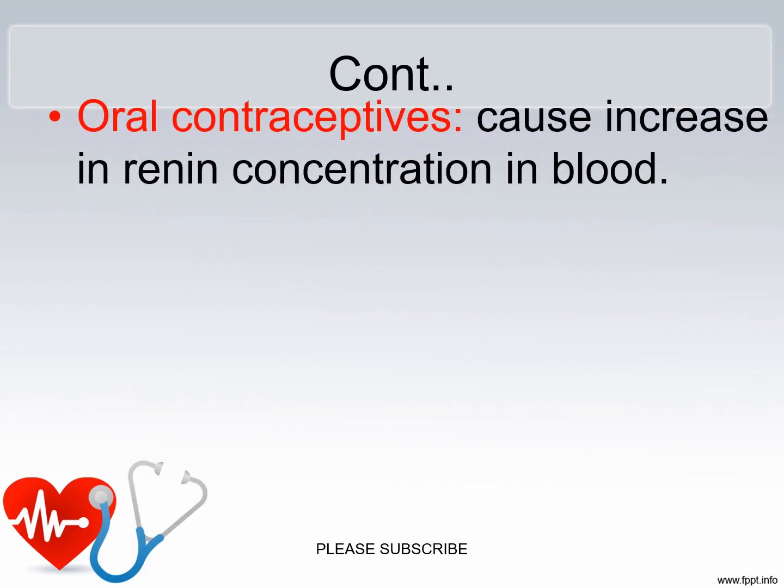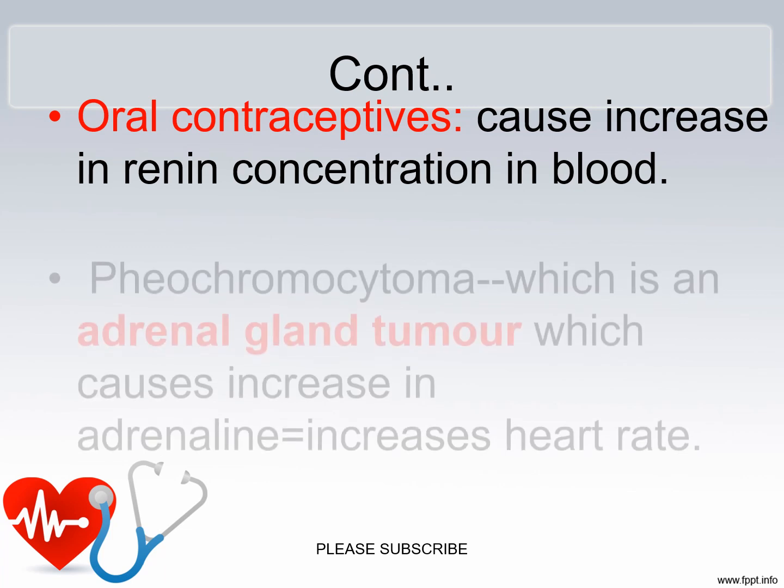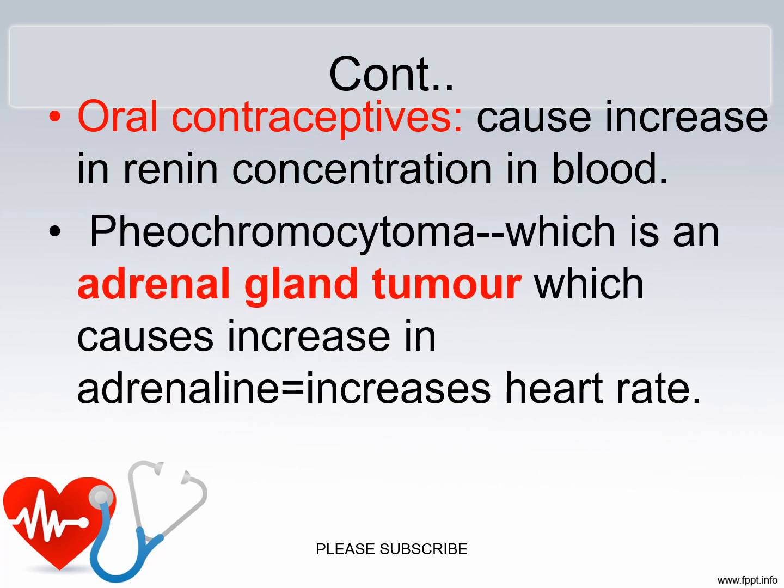Other causes and predisposing factors, we have oral contraceptives. Oral contraceptives mostly cause an increase in renin, and if renin is produced, we know it will cause the renin-angiotensin-aldosterone system to start, thereby increasing blood volume. Then another cause can be a tumor, such as a pheochromocytoma in the adrenal glands.